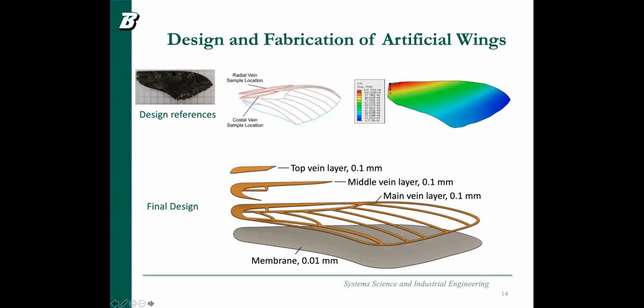First we squeeze and flatten this wing structure onto a grid box. This design reference gives us the contour and shape of the outside. It is also very important to know the inside, the vein structures.